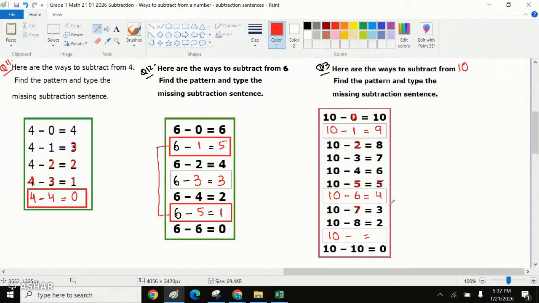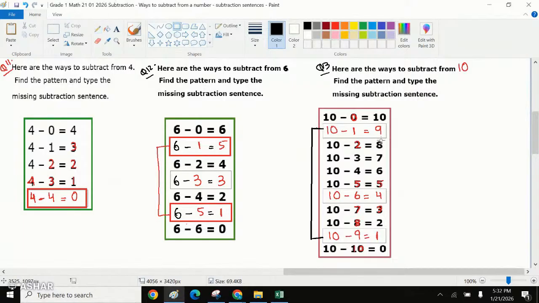Because this was 5 and 3. That is 5, 4, and 3. Similarly, this is 8 and 10. This should be 9. Then the answer would be 1. So I just did this part again to prove it to us that either we subtract 10 minus 9, right, or 10 minus 1.